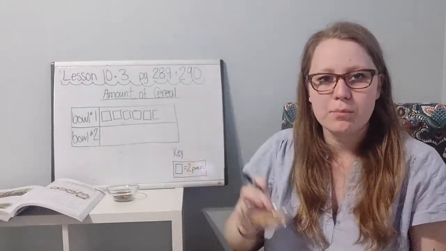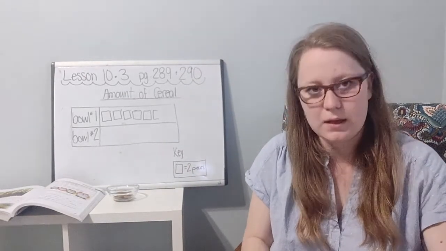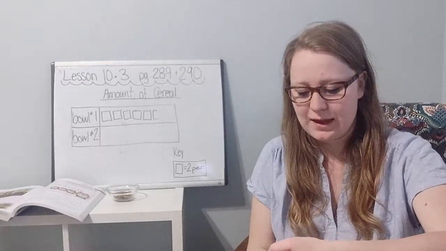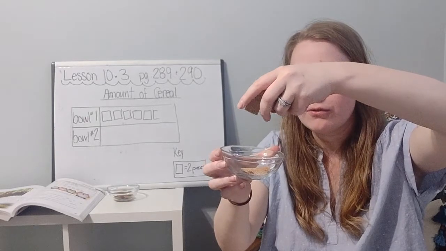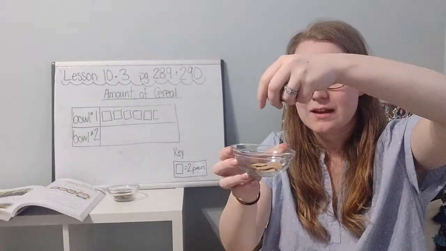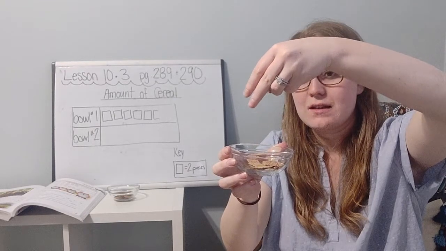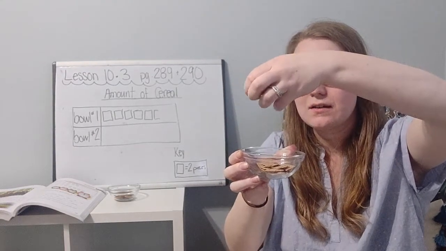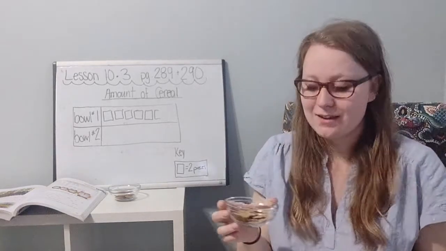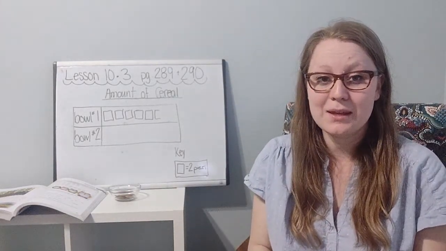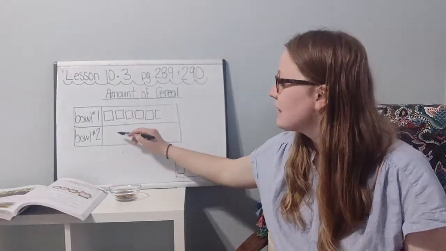Now let's take a look at bowl number 2. It looks a little fuller to me, which means there must be more in it, okay? Count them with me. 1, 2, 3, 4, 5, 6, 7, 8, 9, 10, 11, 12, 13, 14, 15, 16. 16 pieces in there. That's a lot of cereal in comparison.